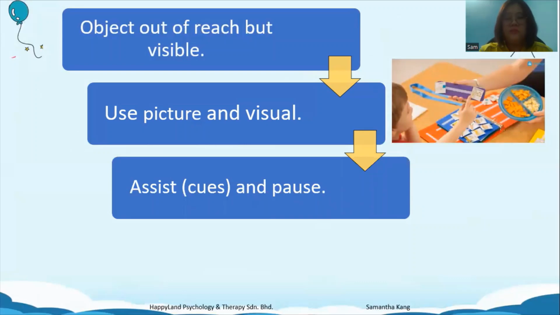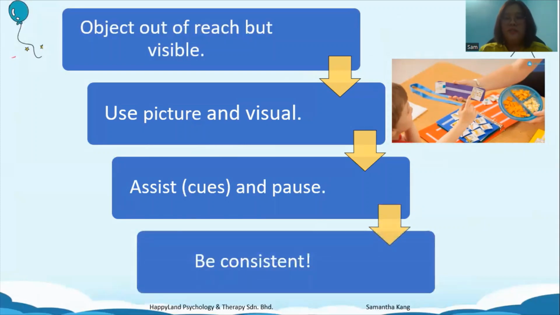At the beginning, maybe it will not be successful, but you need to repeat several times. Maybe you go from this door to the other door and try again and try again. Give them the opportunity by giving the pause in between so that they have the chance to try to communicate verbally with you.